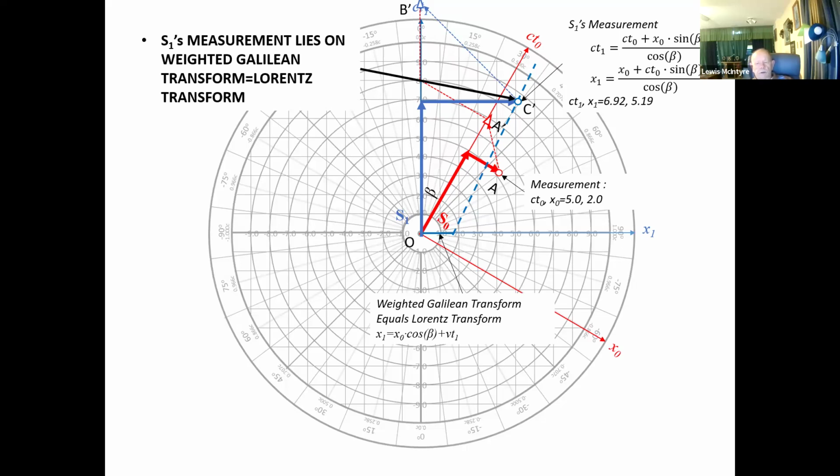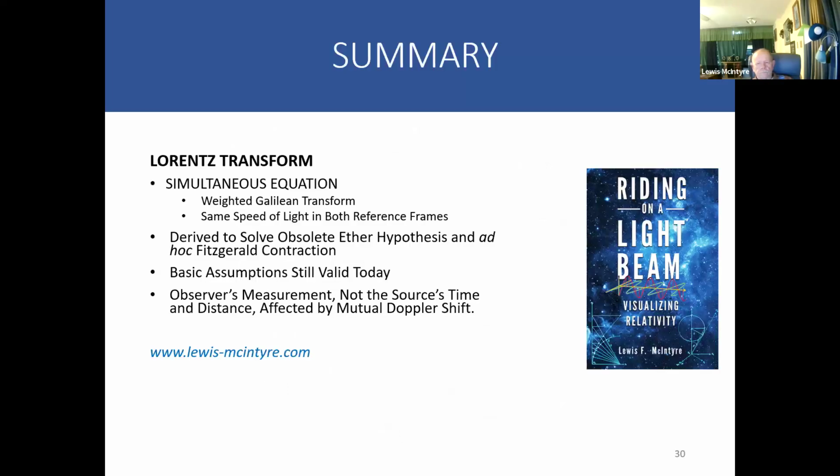It will be the observer on the CT1 axis that will determine that the mirror in the x direction of motion was shortened by the cosine of beta, while the mirror in the y direction normal to the relative motion was unaffected. So in summary, the Lorentz transform is simply a Galilean transform weighted to ensure that both reference frames measure the same speed of light.